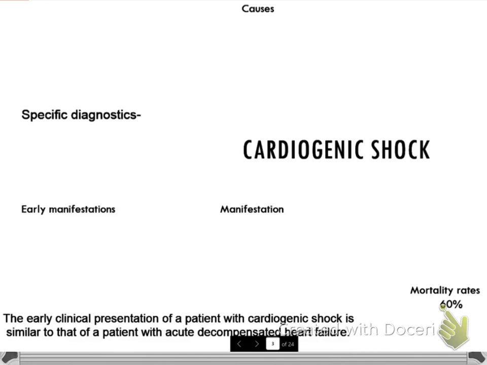So basically a person going into cardiac shock is going to look like someone in heart failure, right? So they have the crackles, the decreased cap refill, the pallor.